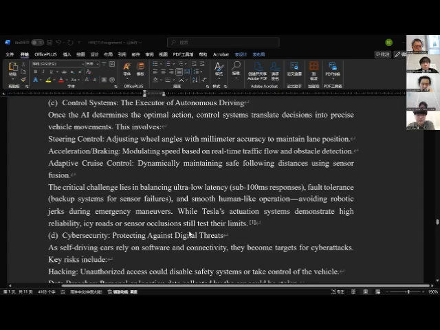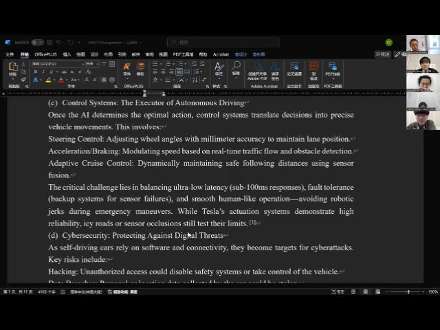Control systems, the executor of autonomous driving. Once the AI determines the optimal action, control systems translate decisions into precise vehicle movements.